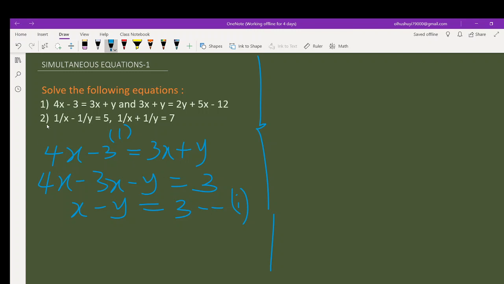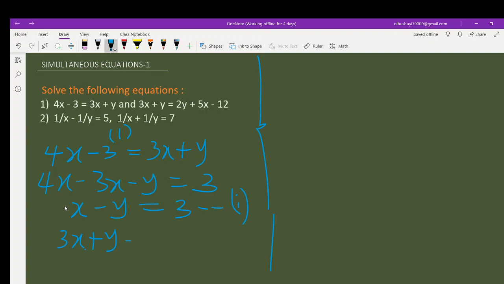The second part of it says 3x plus y. Collect the like terms.